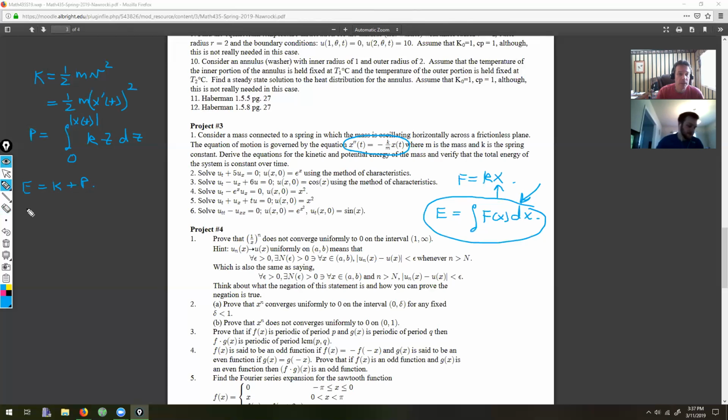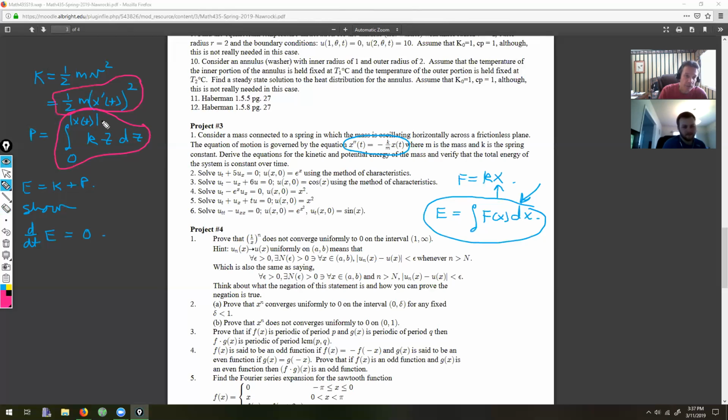So we need to show d/dt of E is equal to 0. So what you need to do is differentiate this equation with respect to t, and you also need to differentiate this equation with respect to t.